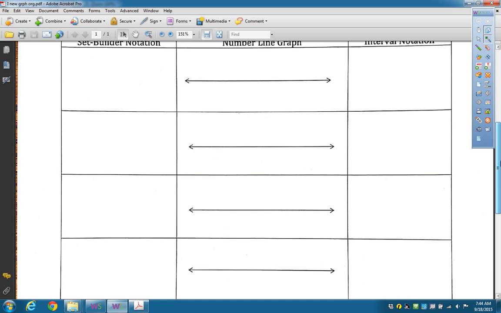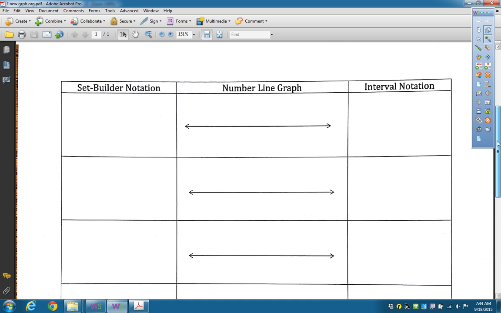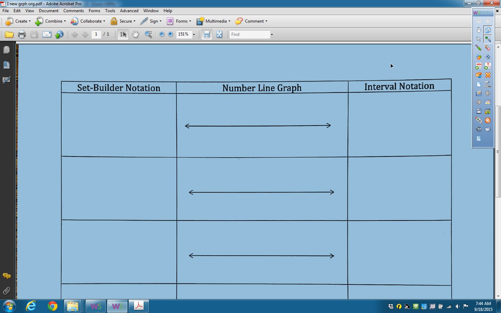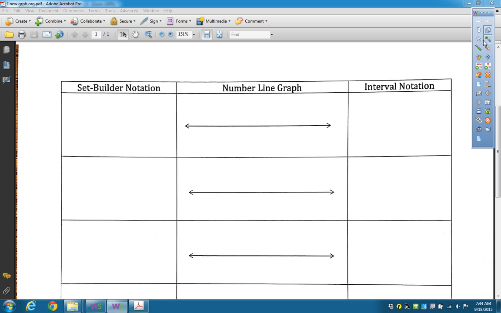So now I can figure out what some other things look like using this notation. So what if I wanted to write, I'll put down the set builder notation.